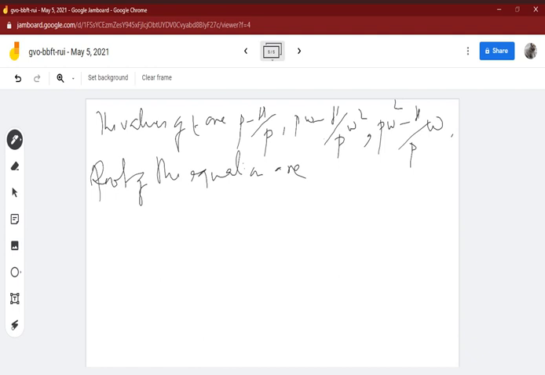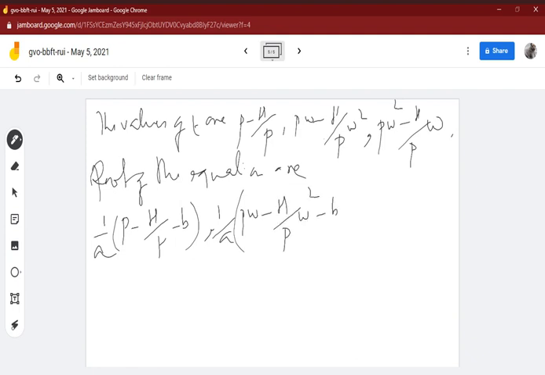So z is this: p minus h by p minus b by a, comma, p omega minus h by p omega square minus b by a, comma, 1 by a times p omega square minus h by p omega minus b. So this is the final root of the given equation. Is that clear?